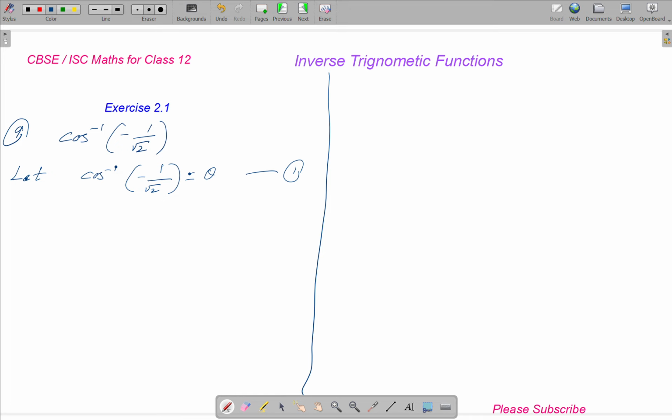Now, theta is an element of the closed interval 0 to pi, and cos theta is equal to minus 1 by root 2.